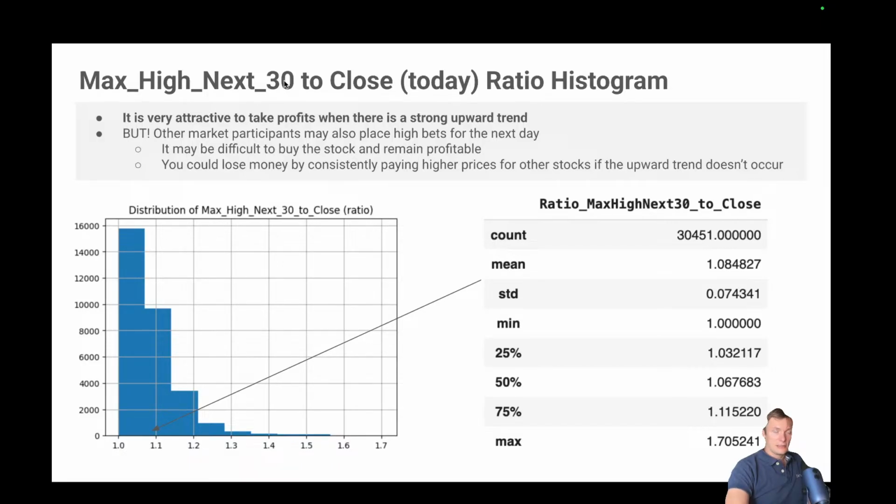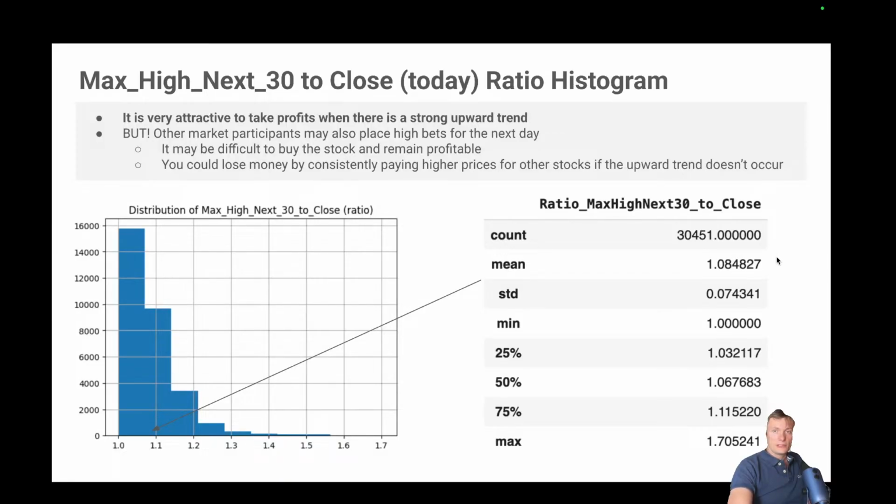Now it's data from 2025. It's max high next 30 days to close, and you can see that on average, and this is a pretty high number because the last 4 years, if you do it for the test split range, were growing most of the dates.